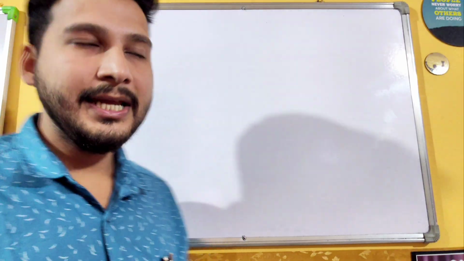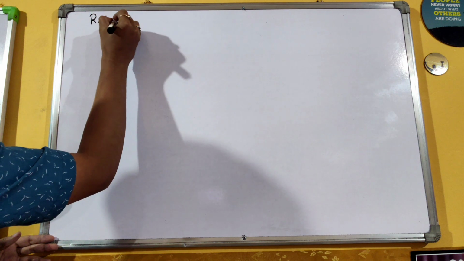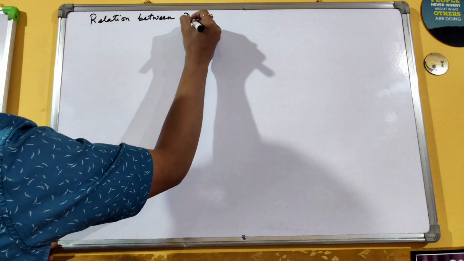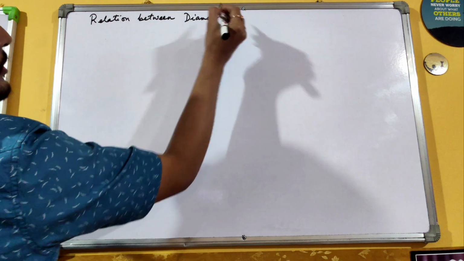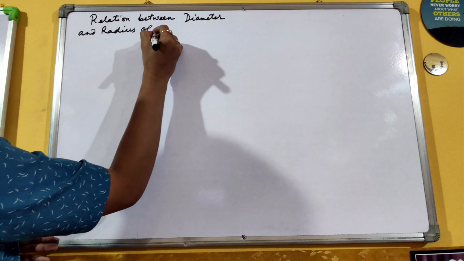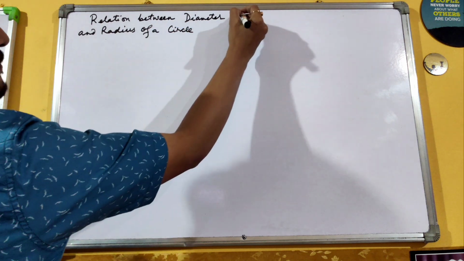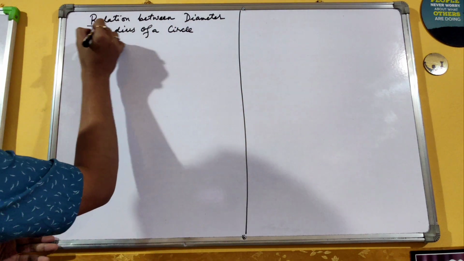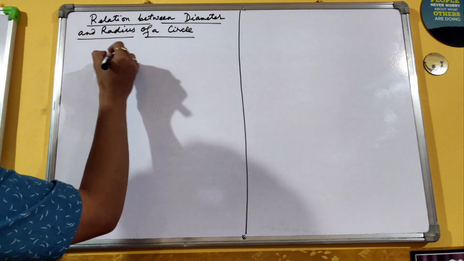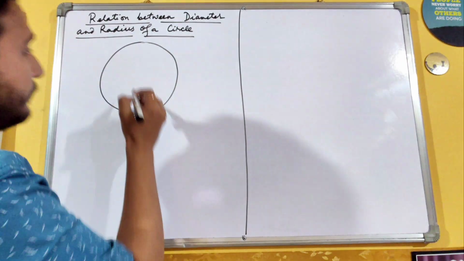Now let's find out the relation between diameter and radius of a circle. Just draw a circle. We have to put a center to it.